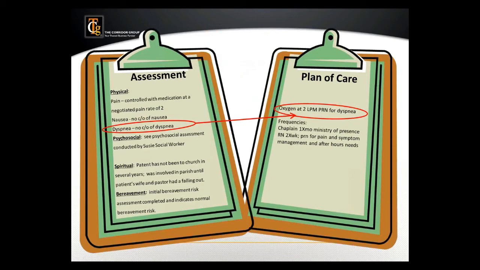Now, if the patient has a diagnosis where you would anticipate the need for oxygen, but the patient doesn't need it right now, you need to ask, do I go ahead and put it in anyway and have it sitting there so that when they need it, they have it? Or do I continue to assess, maybe I make an extra visit during the week, but I continue to assess the patient's shortness of breath, and when that changes, we put the oxygen in.